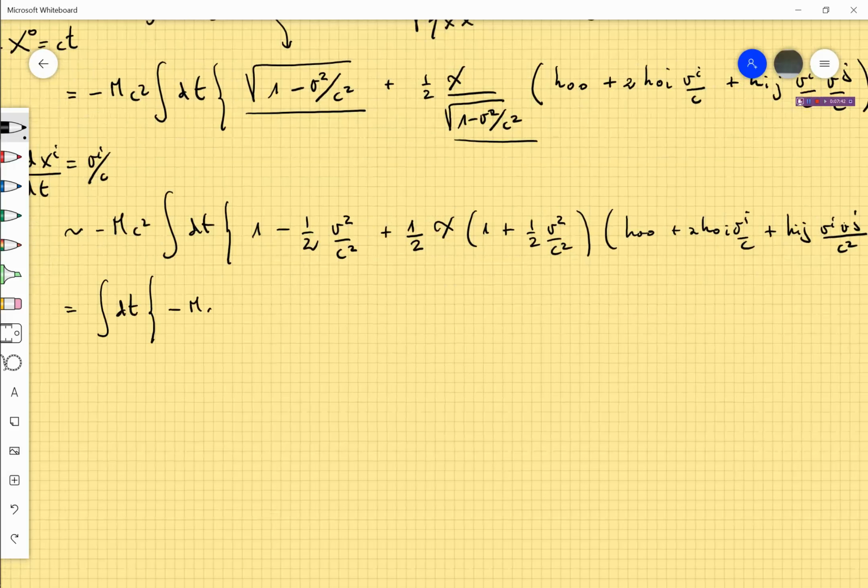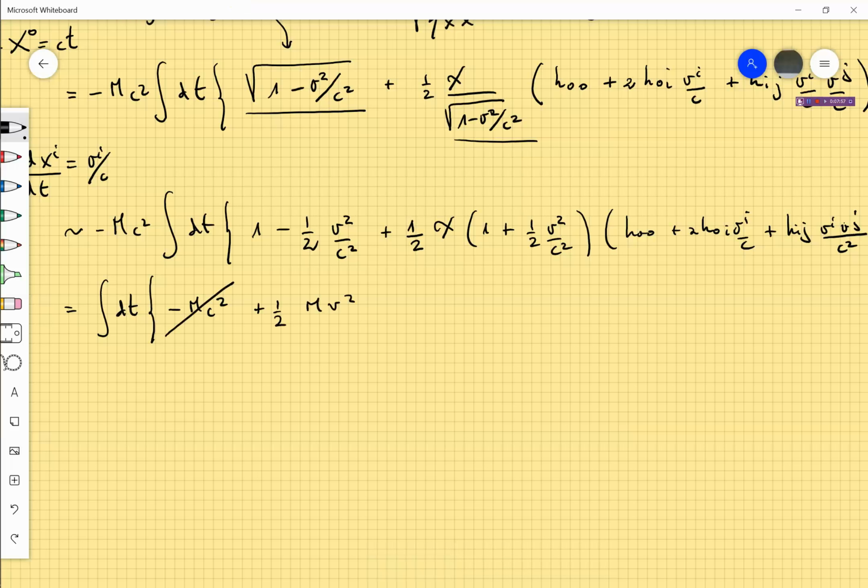So we have this term, which you can consider in many ways, but it is certainly a total derivative, so let's ignore it, plus a half m v squared.